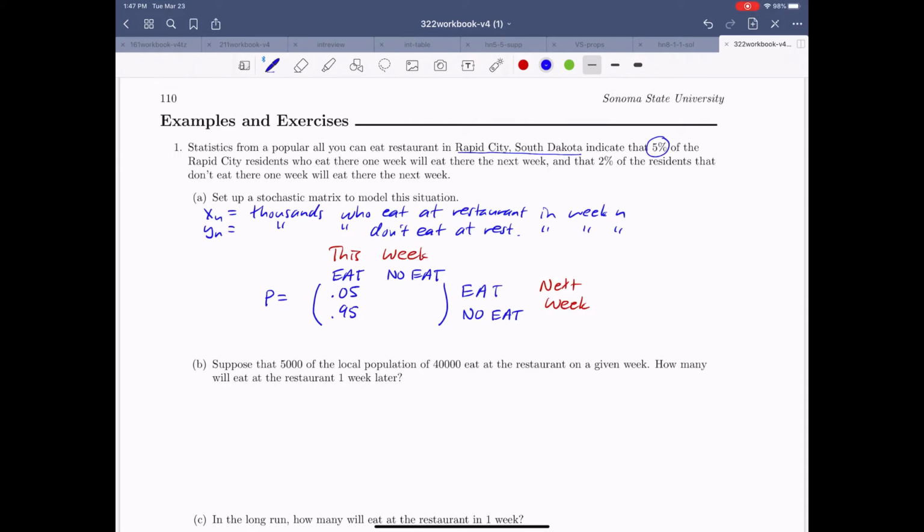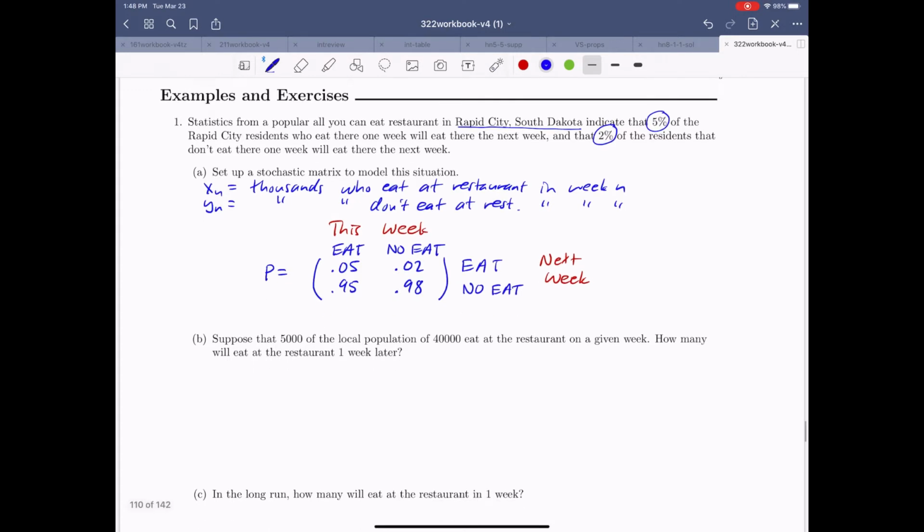Then we come to this 2%. That describes the residents that don't eat there one week but do eat there the next week. That's going to put a 0.02 up here, and then the other 98% must be down here, going from the no-eat category and staying in the no-eat category the next week. So there's our stochastic matrix.